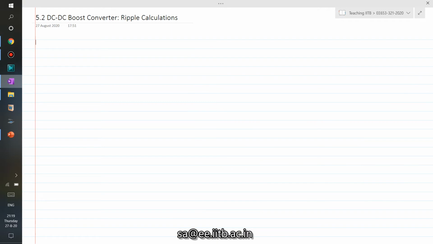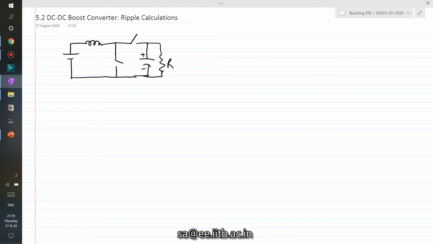Let's go ahead, and first thing, as we did in the case of the buck converter, let's draw the circuit. So we are talking about a boost converter here. Let me draw the circuit: R, VO, capacitance C, L, S1, S2, P in, right?